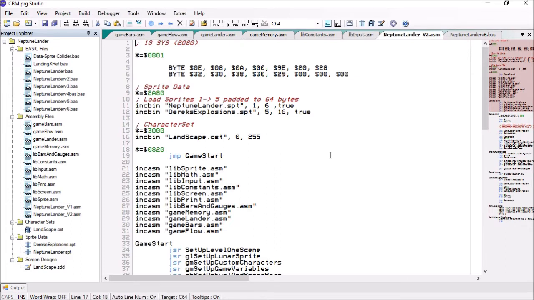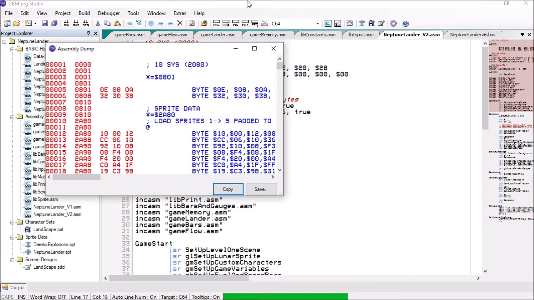If I F5 it, just wait for it to compile and start up. Here we go.